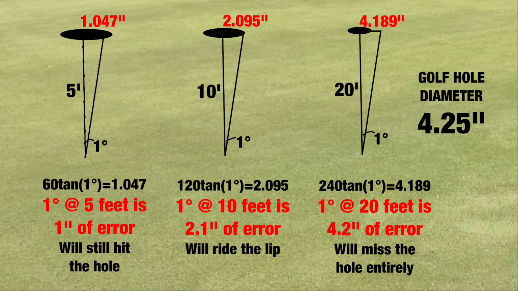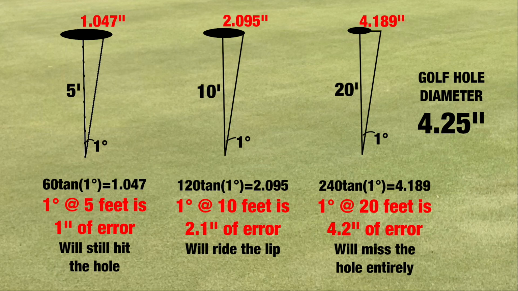Okay, so what you see here on this image is 3 different putts, one from 5 feet, one from 10 feet, and one from 20 feet. And under them you see the equation that I used to derive in inches the opposite side of this triangle, which would be the error from the center of the hole, if you were to have your face open or closed only 1 degree.